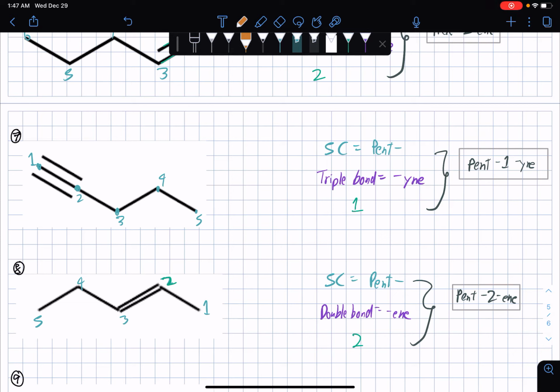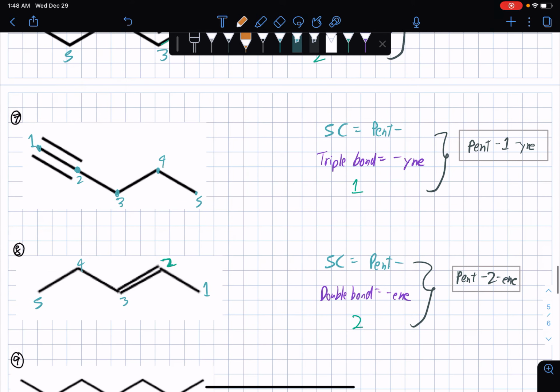But worry not. Back to the topic. We have the same number of carbons, but a different number of bonds. We have a triple bond for this one, and a double bond for this structure. And the location of the chosen numbers is also different.